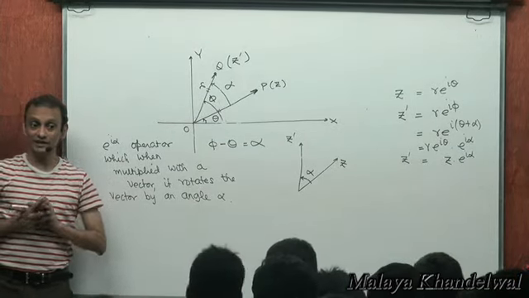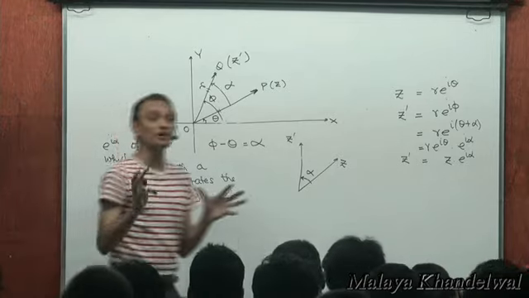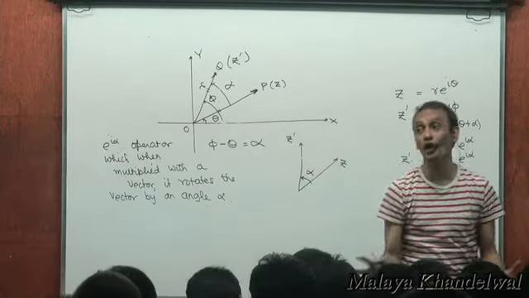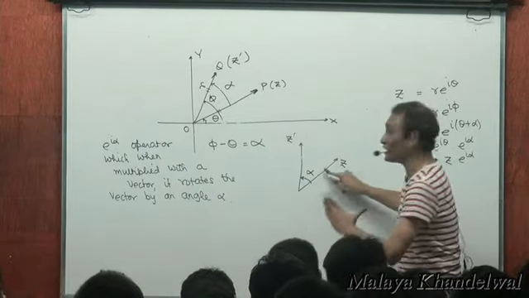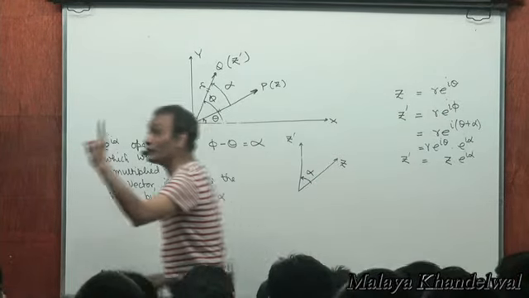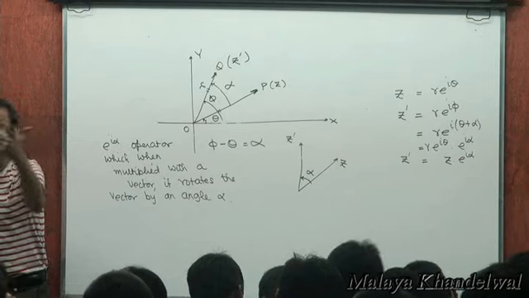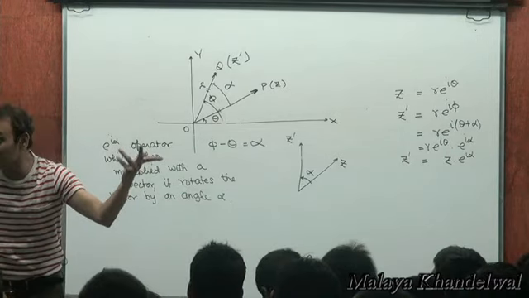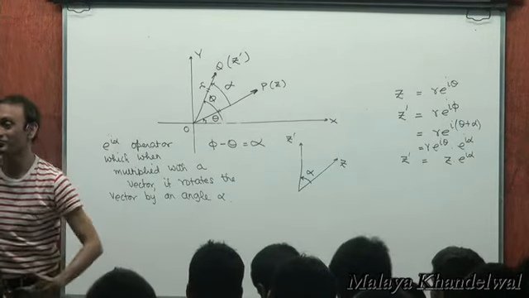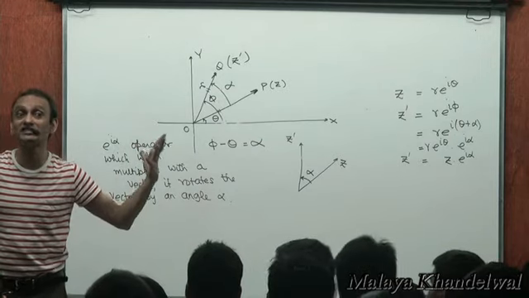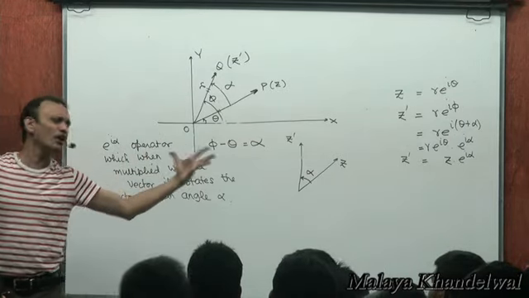You know what I'm saying? E power i alpha therefore comes up as a very prominent, potent, powerful operator. If you take any vector and multiply it with e power i alpha, you can rotate the vector by an angle alpha. Did you have anything of this sort in vectors? No, you didn't. You didn't have something as versatile as this in vectors. Now you have a wonderful operator.